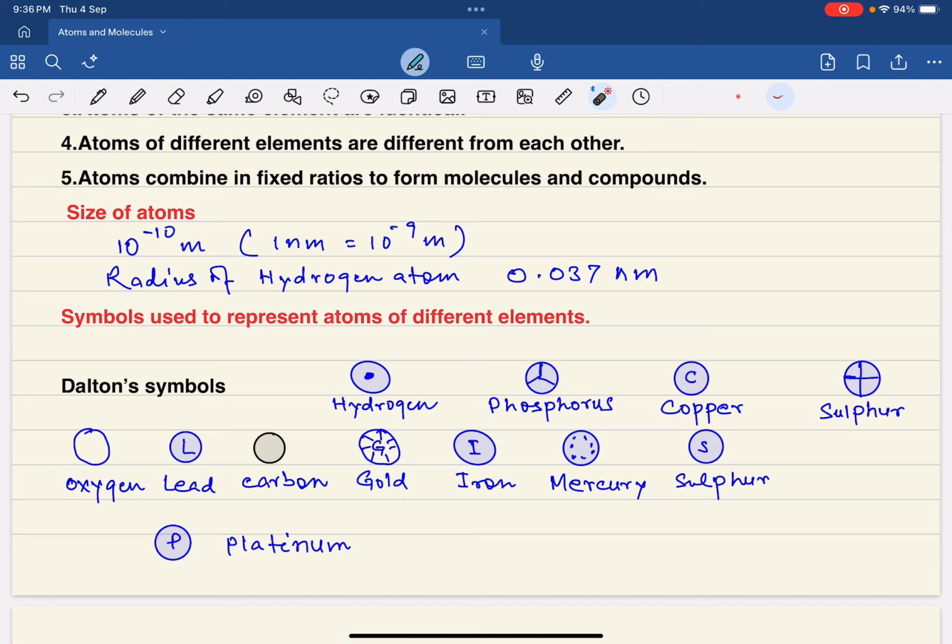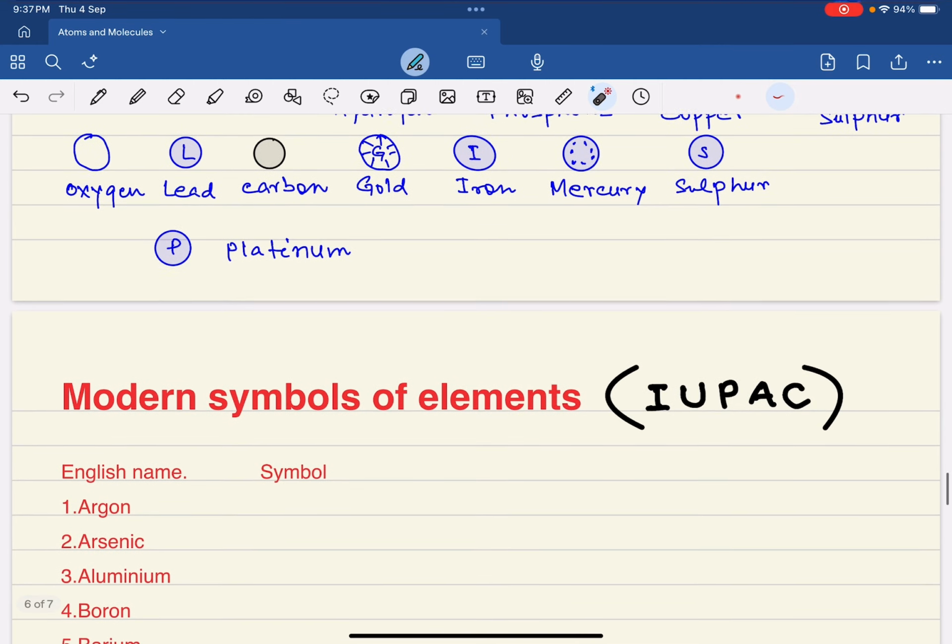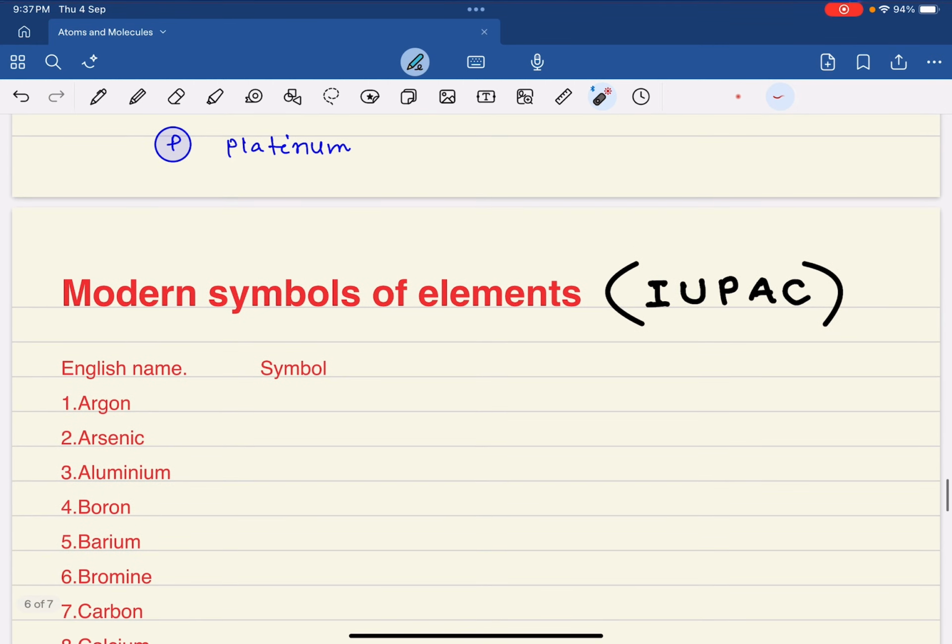But Dalton's symbols have limited use because it is very difficult to remember the symbols of all elements. Nowadays 118 elements are known. That is why, for modern symbols of the elements, the International Union of Pure and Applied Chemistry committee decides the names of the elements in an international manner.